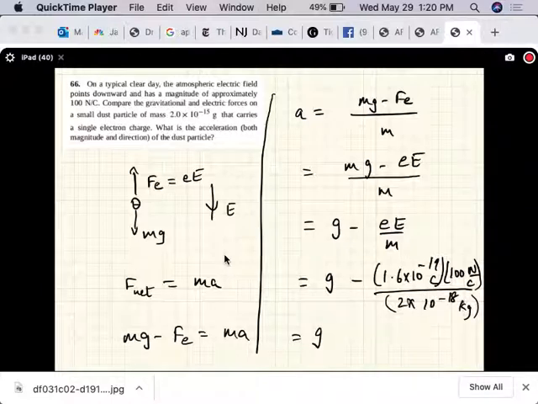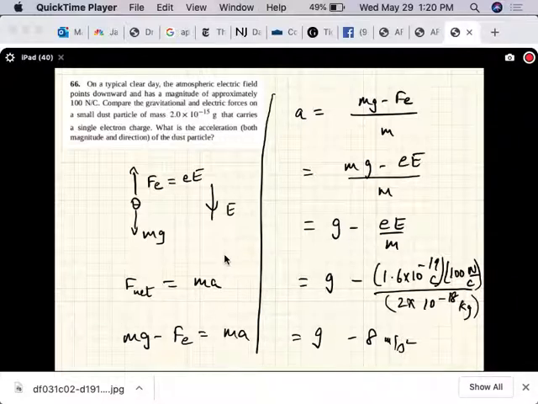Okay, let's take care of powers of 10. This is 10 to the minus 19, 10 to the minus 16, that kills 1, so that's 10. 16 divided by 2, which is, oh, I don't even need a calculator. So 8 meters per second square.